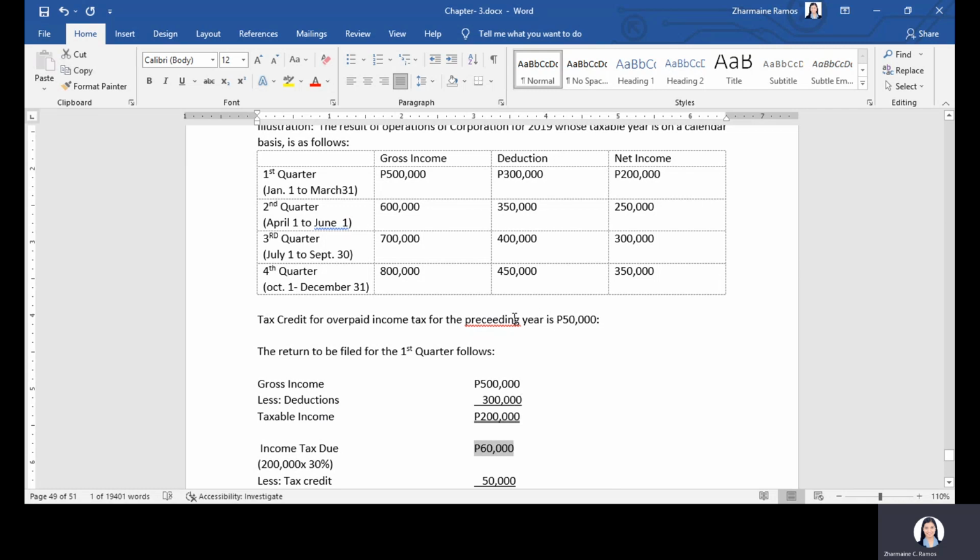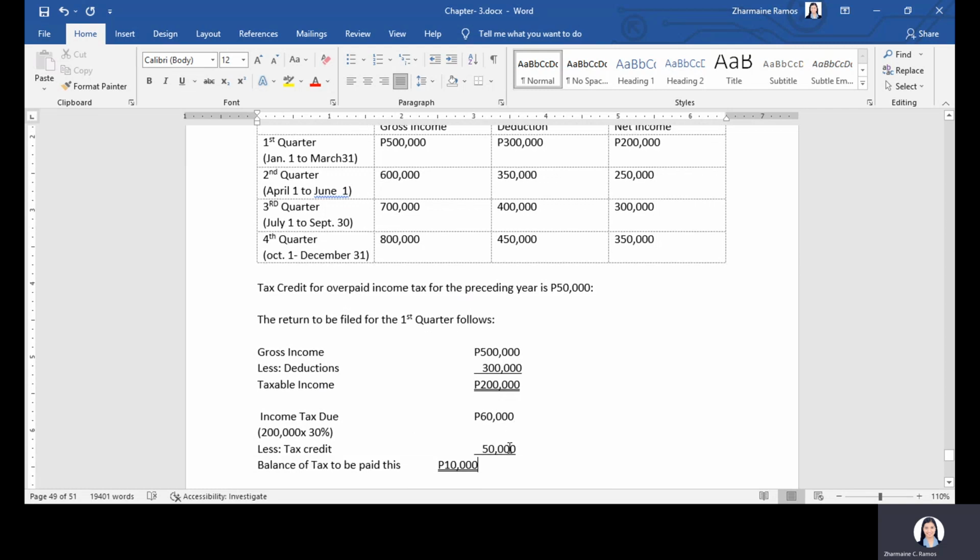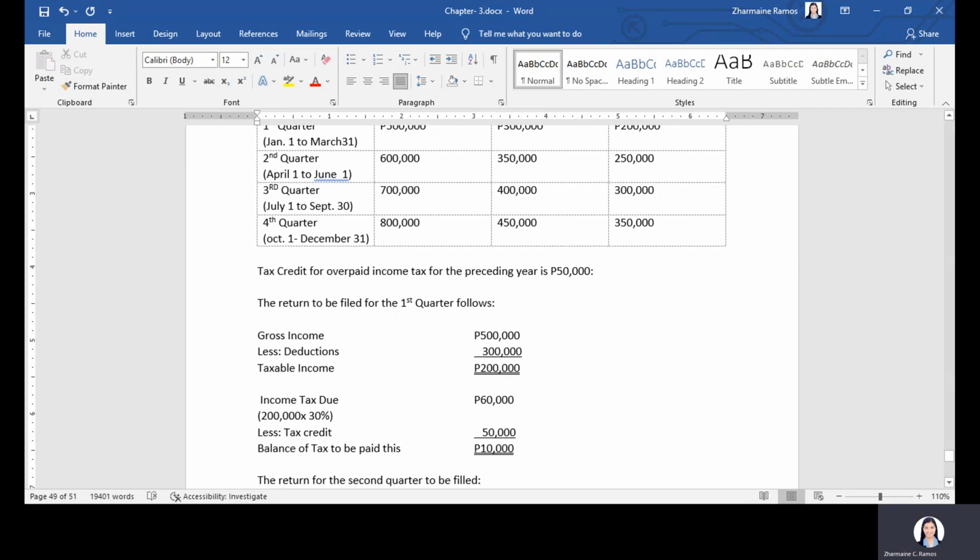Kaso, based dito sa problem, meron ka ng nabayaran nung nakaraang taon na 50,000. So, bakit ka ulit magbabayad ng 60 meron advance na 50? Na lang is 10,000. For the first quarter, so magbabayad ka na rin ng 10,000.